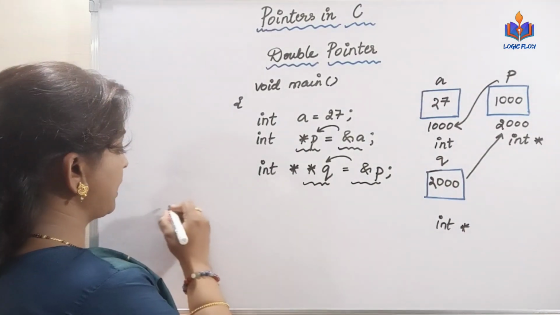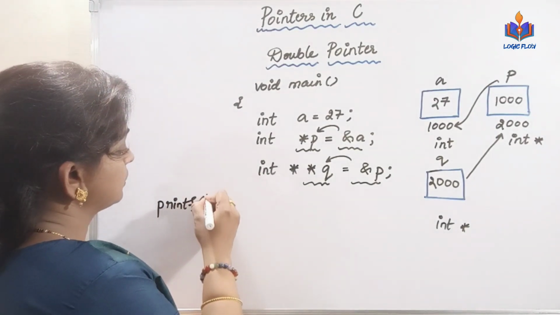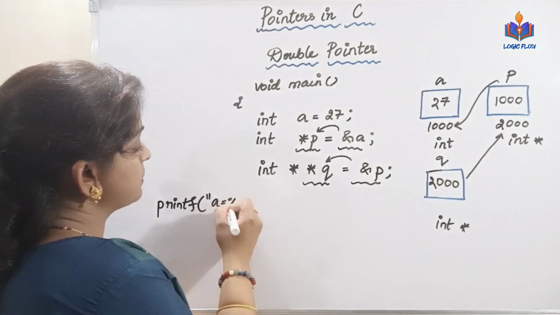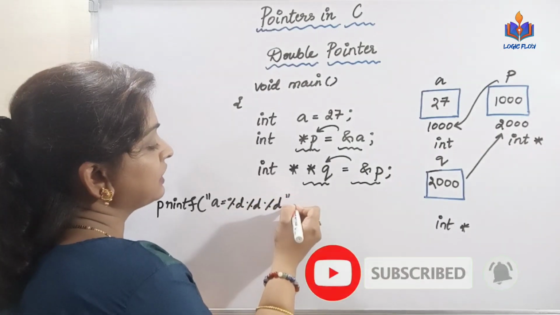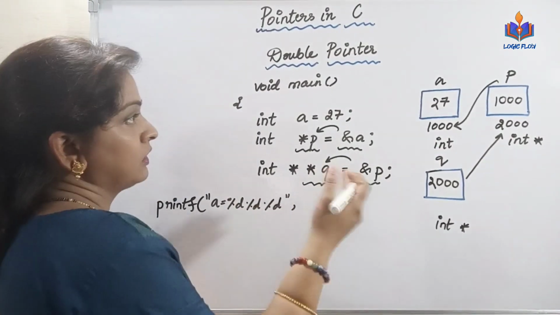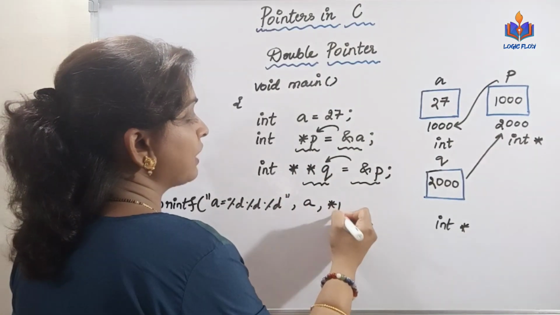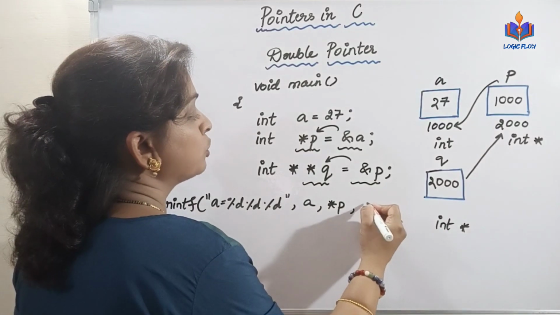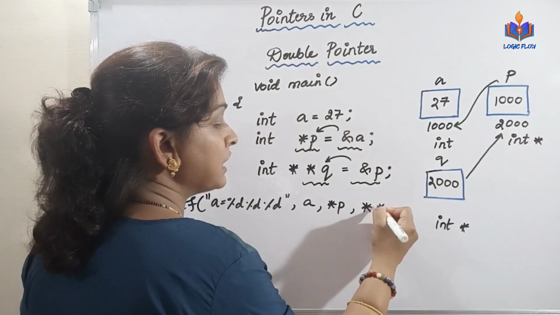So I can say printf a equal to %d, %d, %d, printing the value of a thrice with different variables. Through a I am printing, through pointer variable p I am printing, and through pointer variable q I have to say double asterisk.